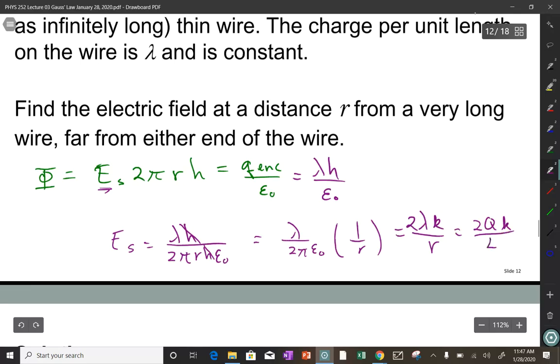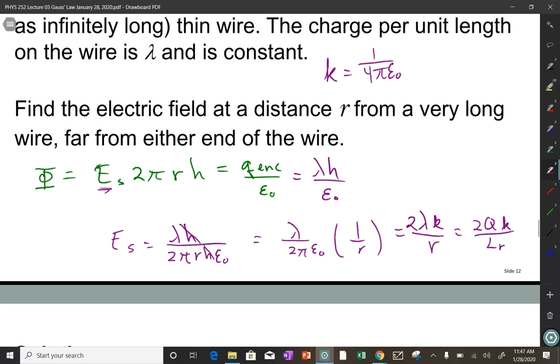How did you get from epsilon to that 2K? That's the definition of K. So 2K is 1 over 2 pi epsilon 0. Got it. And notice in the last one, I replaced lambda with Q over L.